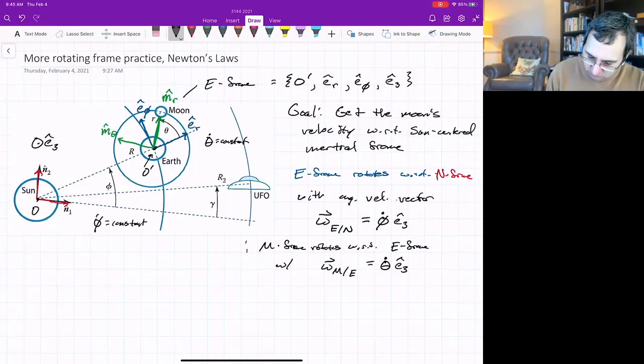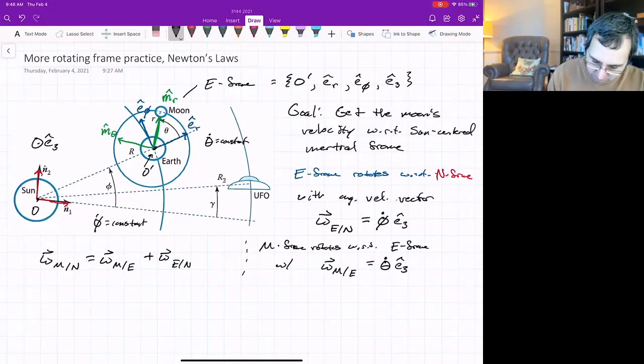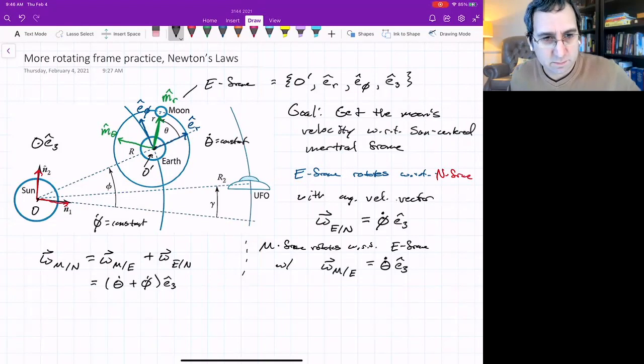And then if you wanted to say, how is the moon frame rotating with respect to that sun-centered inertial frame, or the N frame? It's just the sum of these two. It's how the moon frame rotates with respect to the Earth plus how the E frame rotates with respect to the N frame. So this is theta dot plus phi dot times E3. So far, so good.